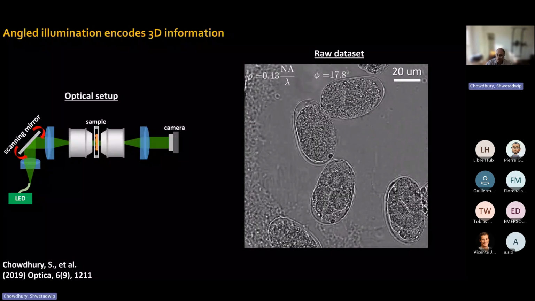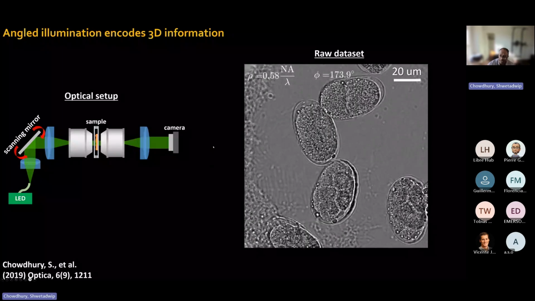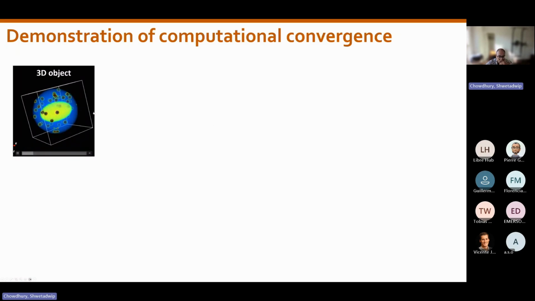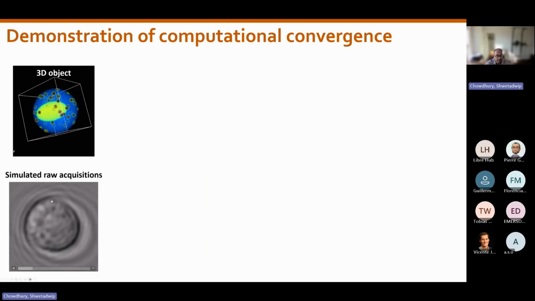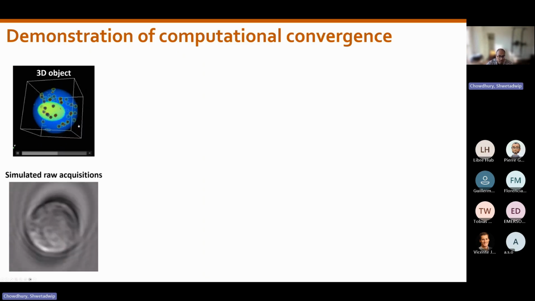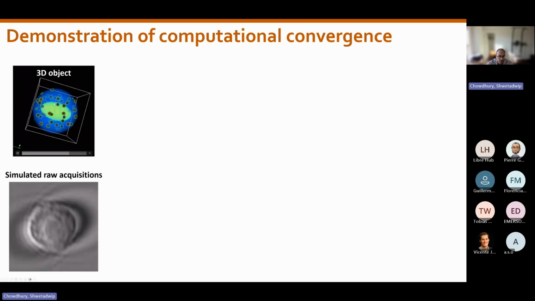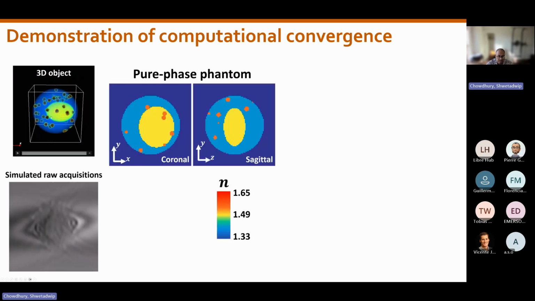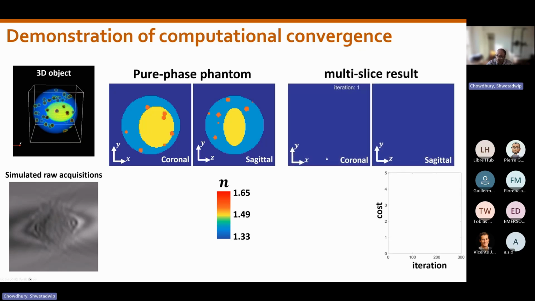Okay. To give you a sense of how this works computationally, here's a simulation. We simulated a 3D object. We simulated the measurement that we would collect from this 3D object, right? The XY and XZ ground truth values of refractive index are shown here. When we start our reconstruction, because this is iterative, we have an initial guess. In this case, we have an initial guess of nothing.